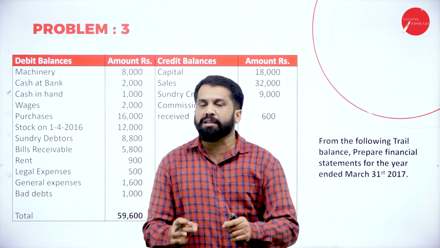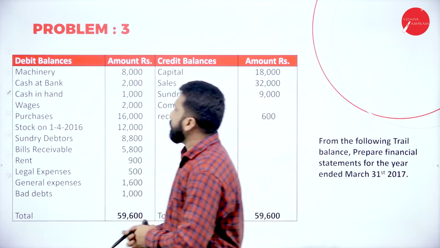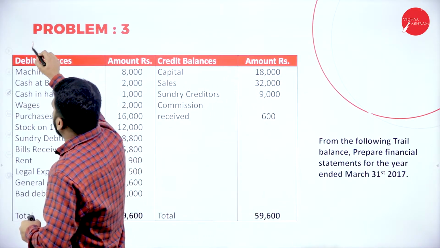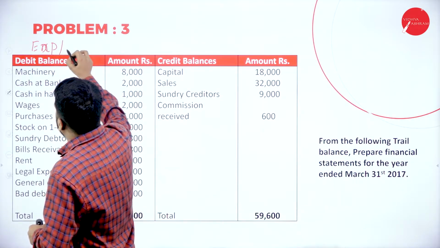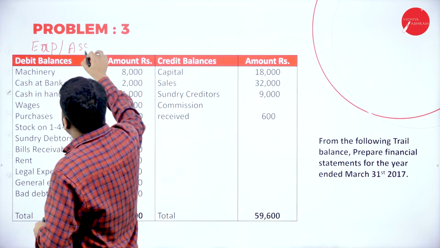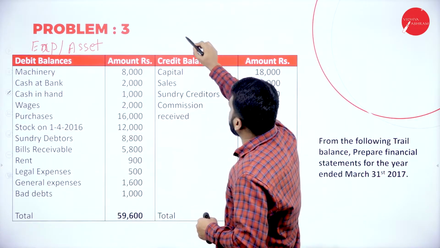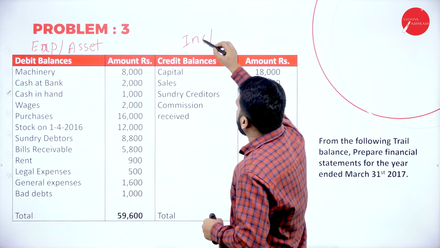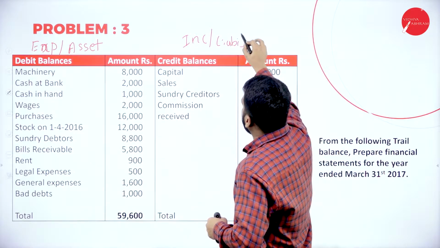This shortcut you have to apply while doing the problem. I'll mention this. Whatever debit side comes, it may be your expenses or your balance sheet asset. Whatever comes credit side, we consider this as income or balance sheet liability.